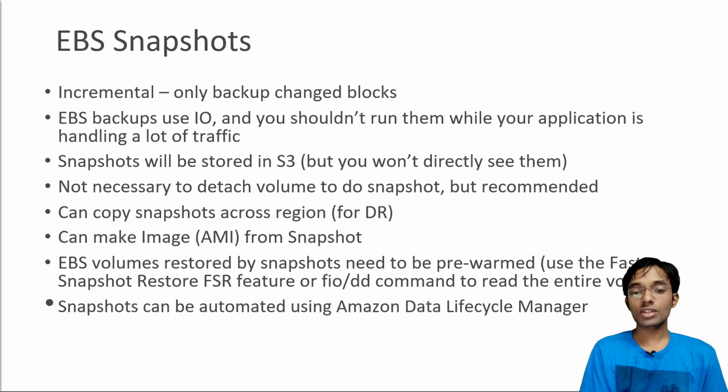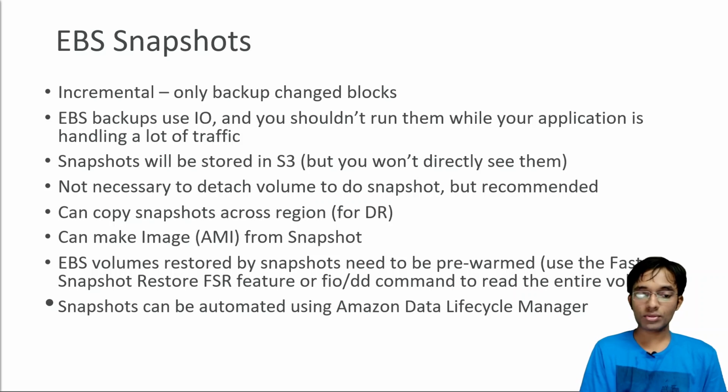The snapshots are stored in S3 in the backend, but you don't get direct access to them. It's not necessary to detach your volume to do a snapshot, but it's recommended, because if your volume is being actively used while you do a snapshot, you may get inconsistent data.